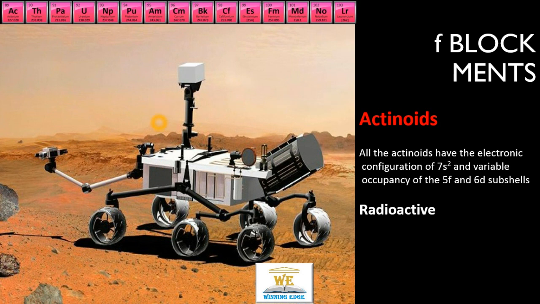Before we delve deeper into the actinoids, you see this is nothing but our rover on the Mars mission. This mission was powered not by solar, as you can see here.